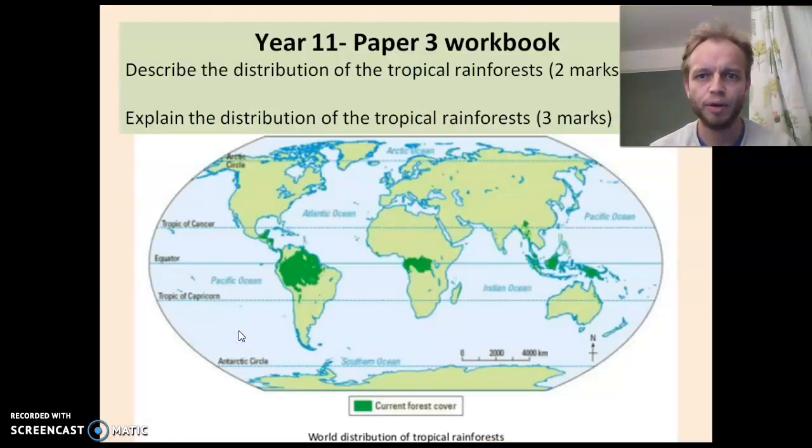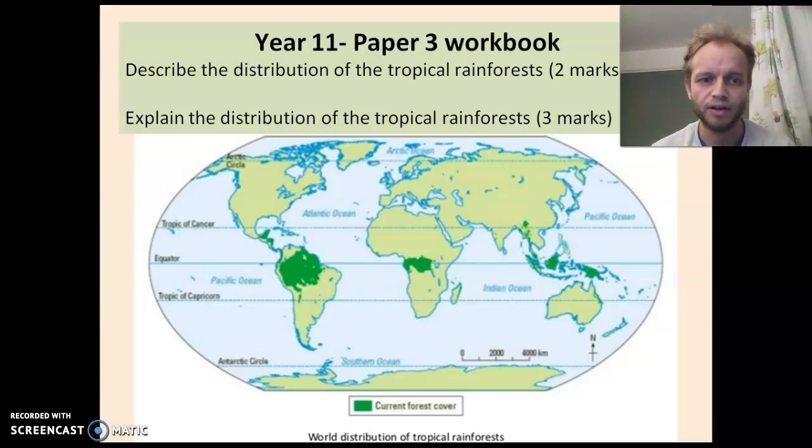Okay, so now looking at your paper 3 workbook, the first thing that we ask you to do is to describe the distribution of tropical rainforest. You should be fairly confident at doing this, and I've given you some directions on that in the booklet. So we want to think about lines of latitude, because that's a really important part of why it is the way it is, so why its climate is like that, and why there's so much biodiversity. All of those link to its location, so you should feel confident about that.